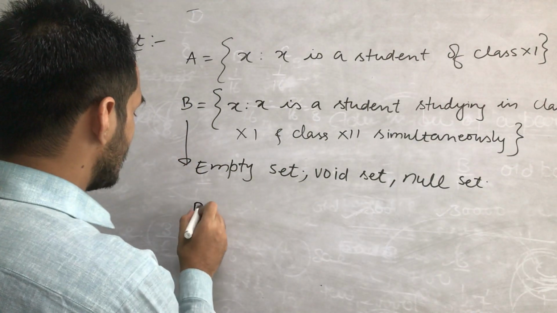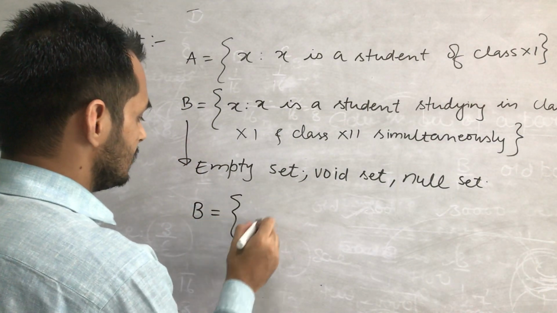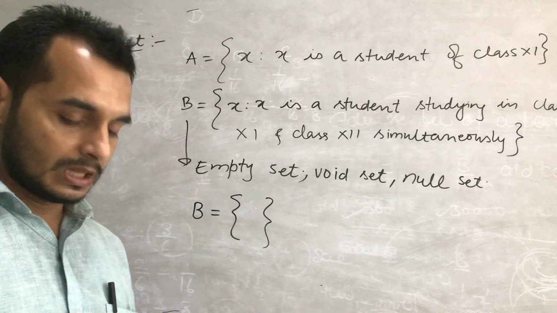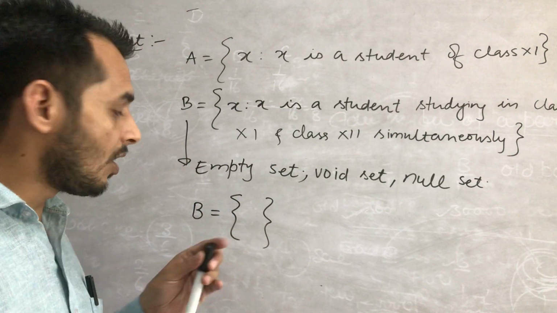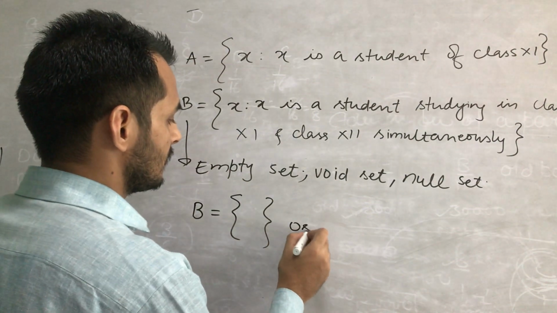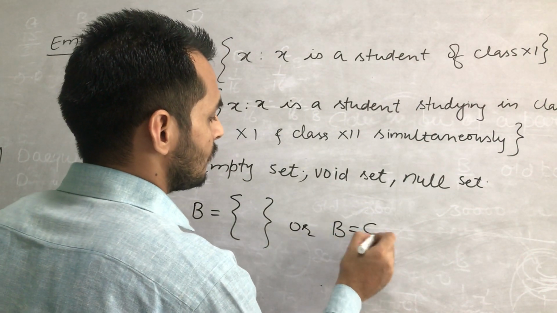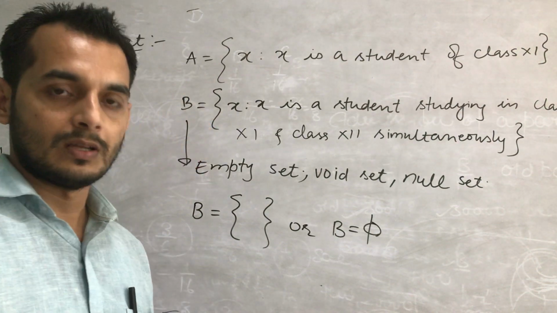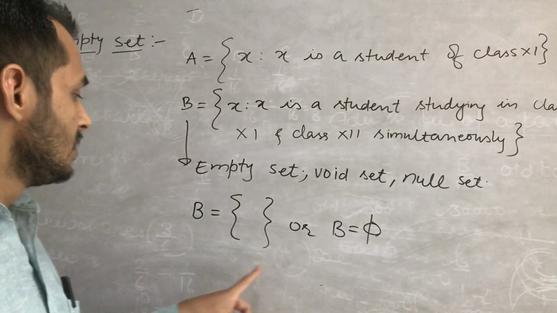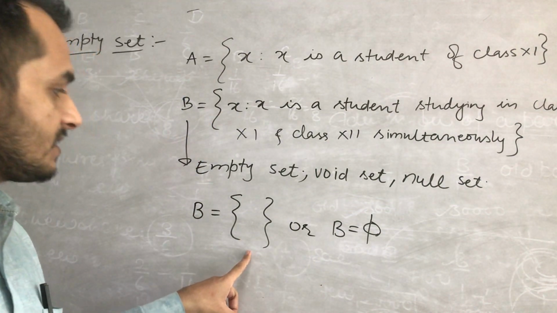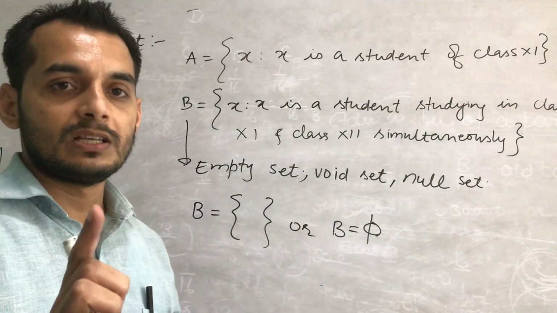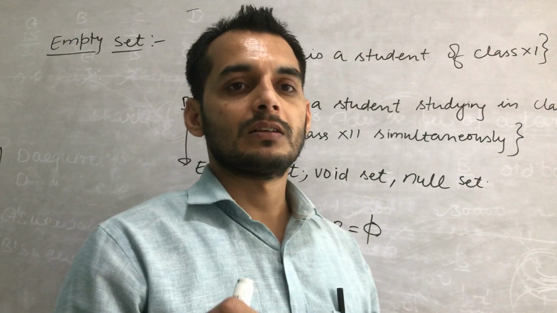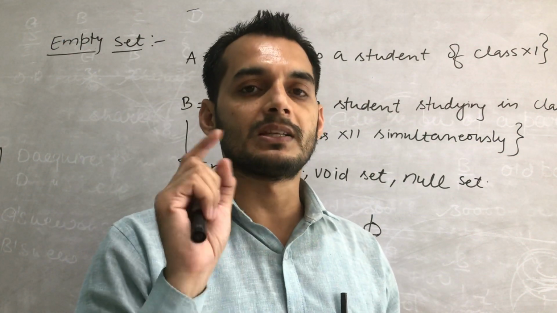We represent an empty set by this symbol, the braces without any element in it, or by phi. So if this is written, it means my set is empty. There is not even a single element in the set.